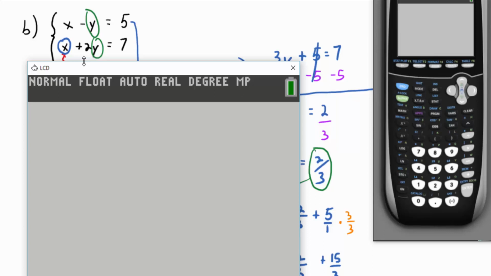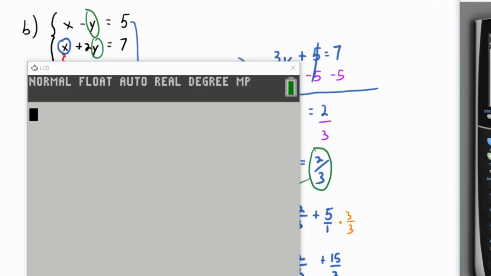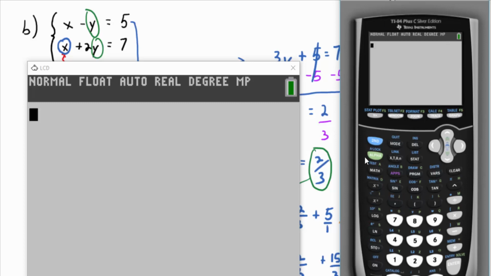But just in case you get more difficult answers to work with, here's how you'd use the calculator. So I could type in 17/3 for x, 2/3 for y. So I'm taking 17/3 minus 2/3. Is that going to equal 5? Well, it's 15/3.